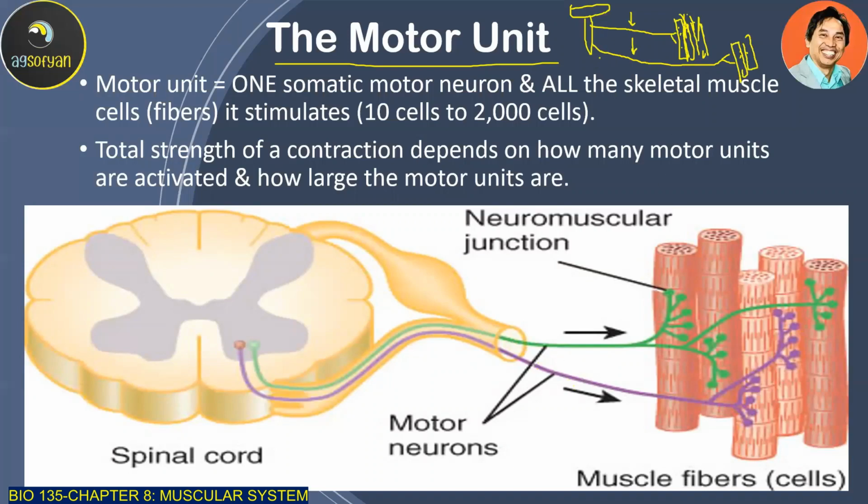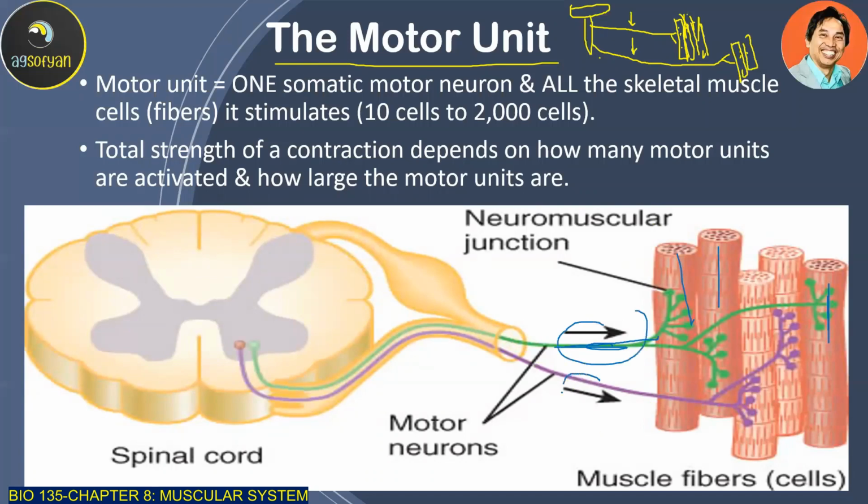So if you see here, there are 2 motor units in this figure. The first one over here, this motor neuron, innervates 1, 2, 3 muscle cells. This is one motor unit.